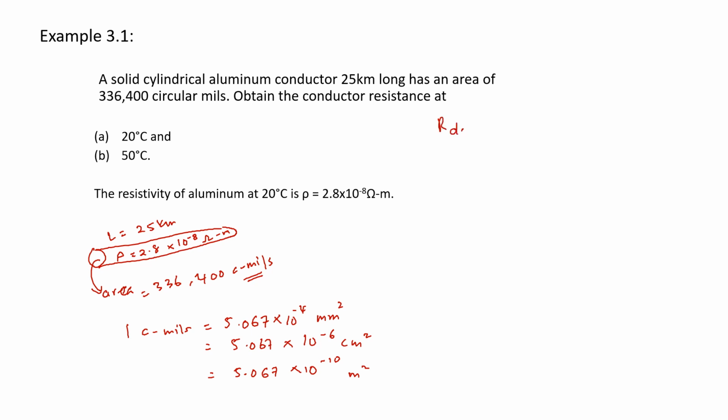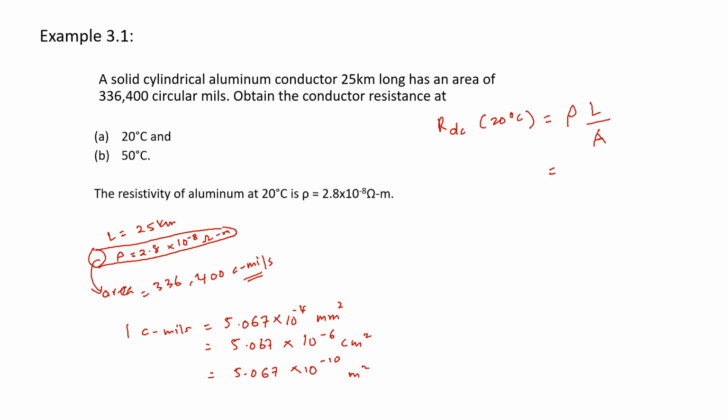the DC resistance at 20 degrees Celsius, we know that the formula is ρ multiplied by the length of the conductor divided by the area of the conductor.